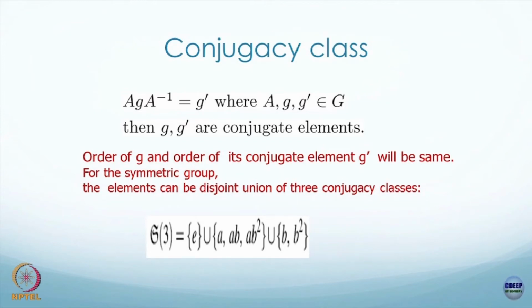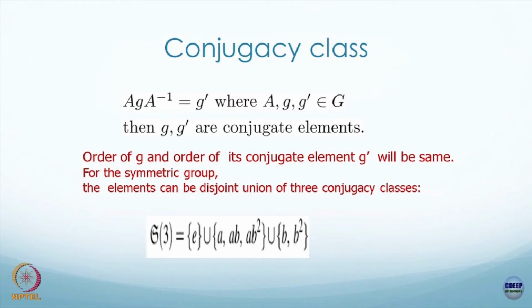Now let us get on to the concrete. I want to do permutations of objects, and for that, as I have already said, anything related by a similarity transformation has no new physics. So, you write G and G prime related by a similarity transformation where A also belongs to the group, and G and G prime also belong to the group.